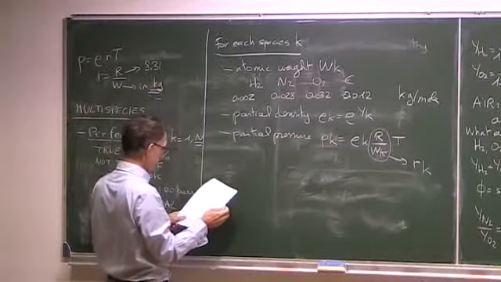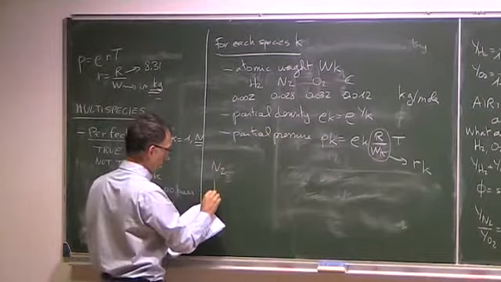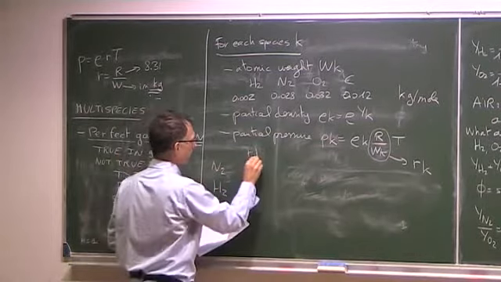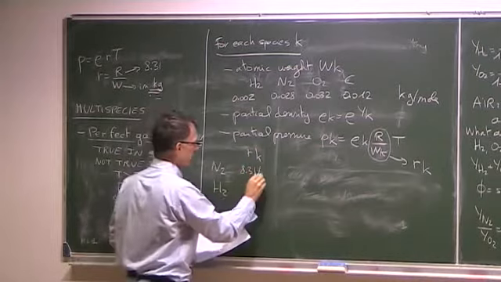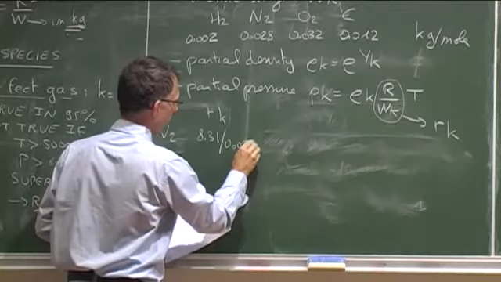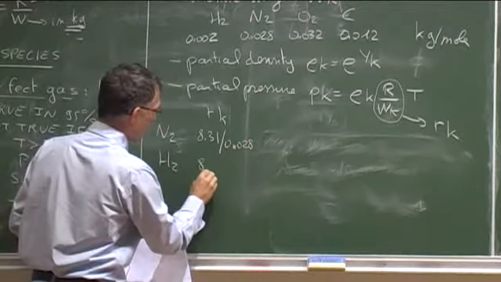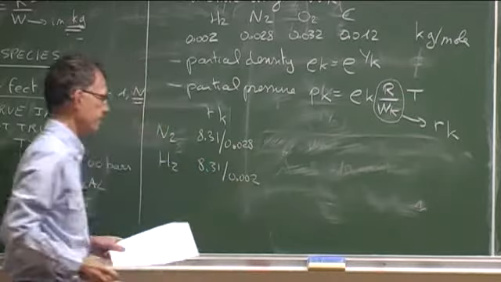Let's take an example. If you look at N2 and H2, for example, rk here is going to be 8.31 divided by 0.028. But if you look at hydrogen, it will be 8.31 divided by 0.002.